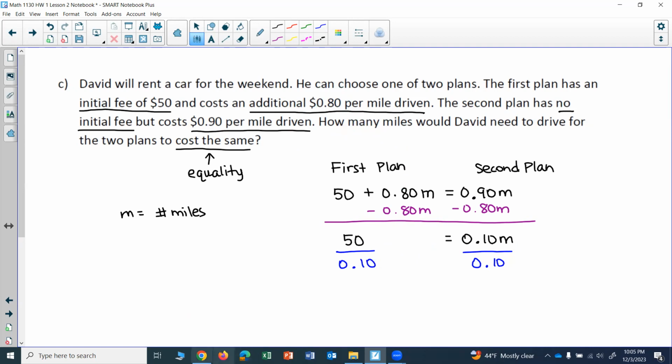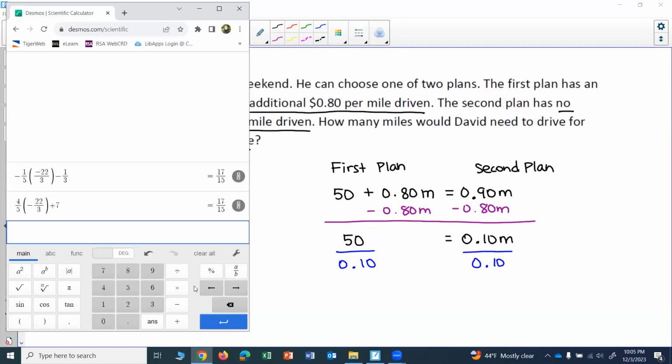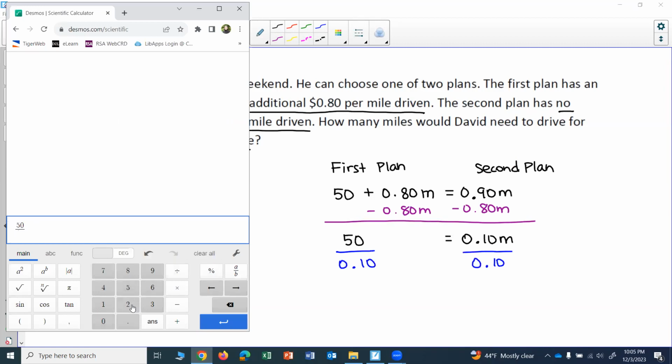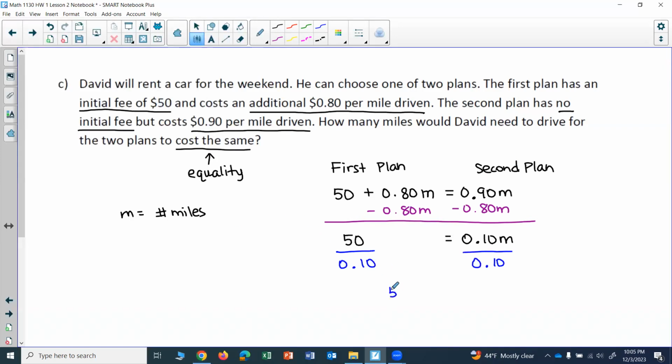All right, so I need 50 divided by 0.1. 50 divided by 0.1 or 0.10 is 500. So I end up with 500 equals m. And that would be my solution. The two plans cost the same when the mileage is 500 miles.